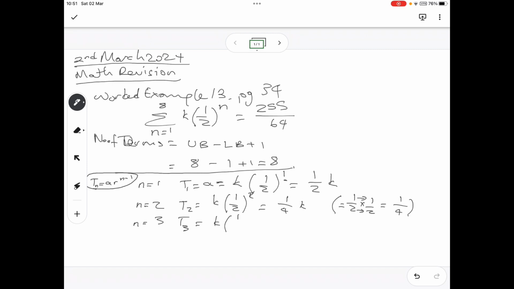And we do again for n equals 3, and term 3 gives us k times a half to the power 3, and this equals 1 over 2 times 1 over 2 times 1 over 2, all multiplied by k, and that's an 8th k.